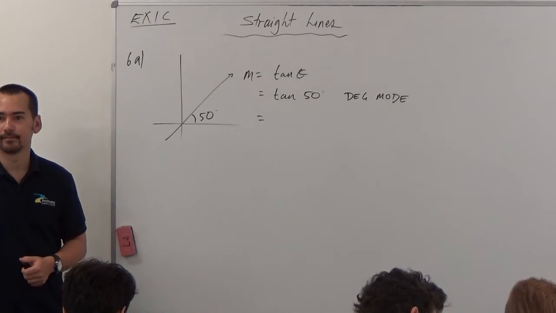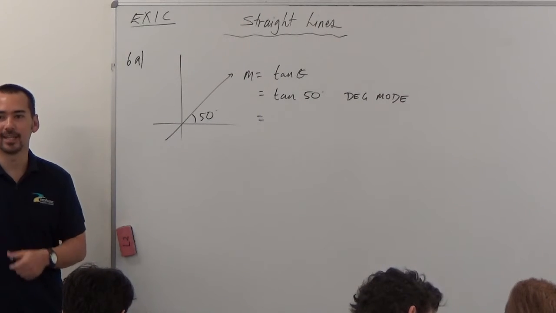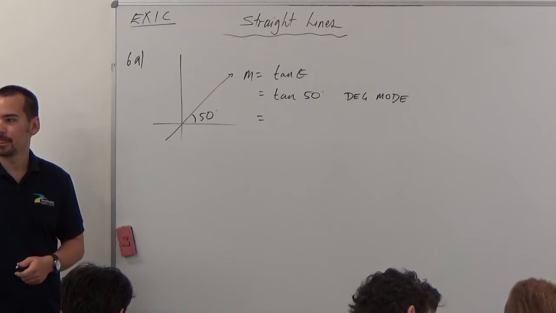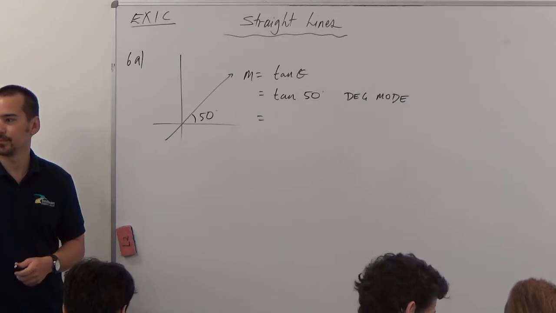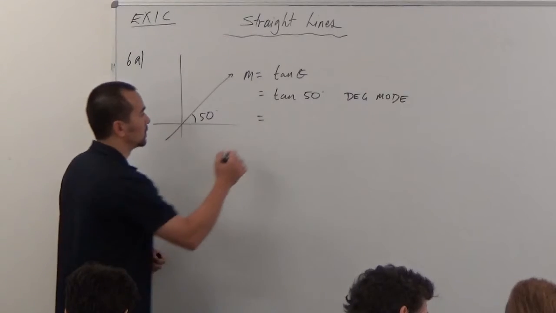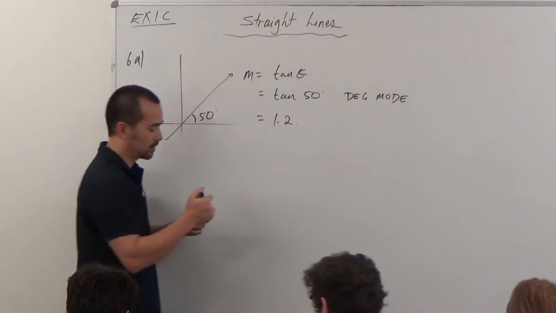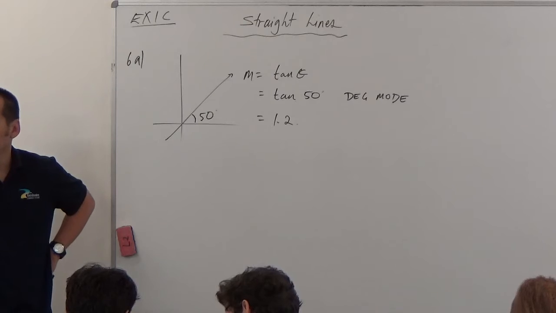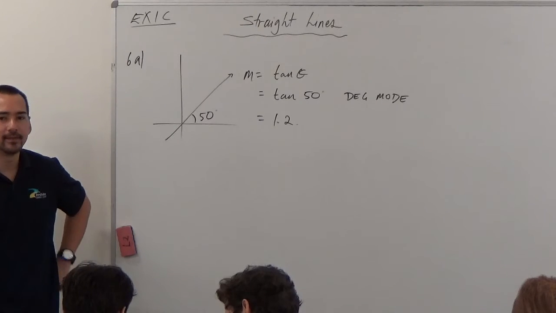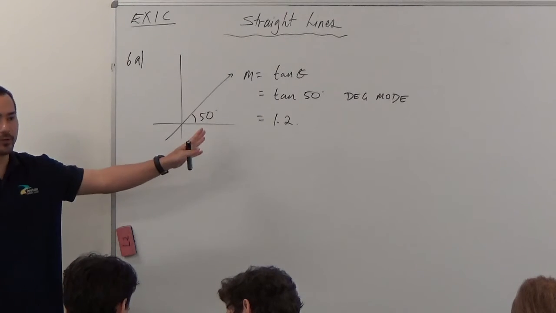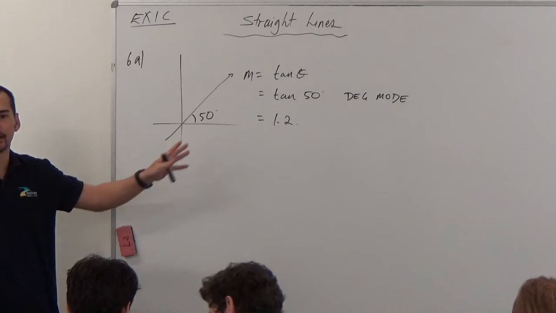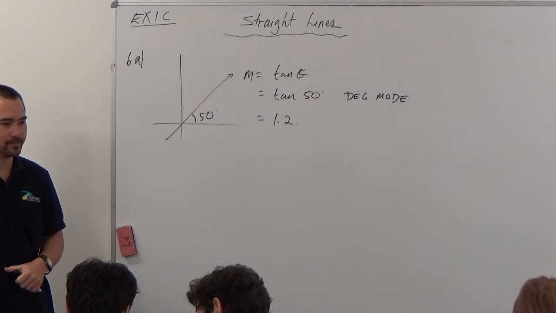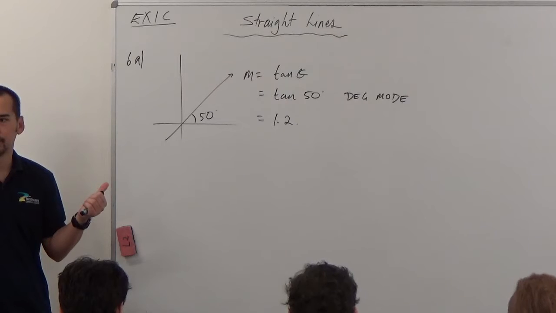So I think there's another way. Okay, we'll get to that in a second. 1.2. Excellent. Thank you, Aaron, for the answer. Let's see if we can make sense of this answer. 1.2.